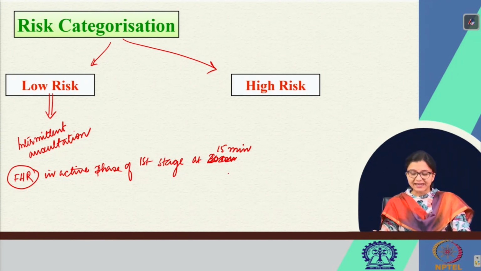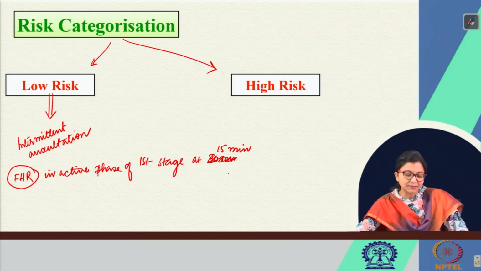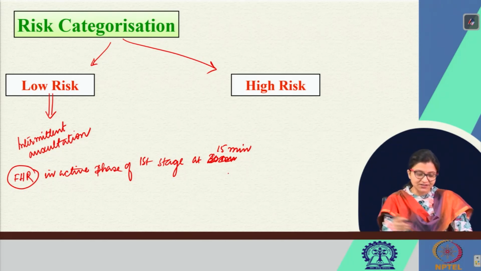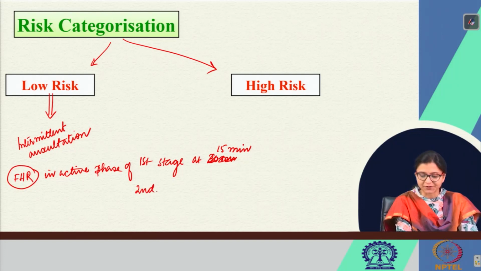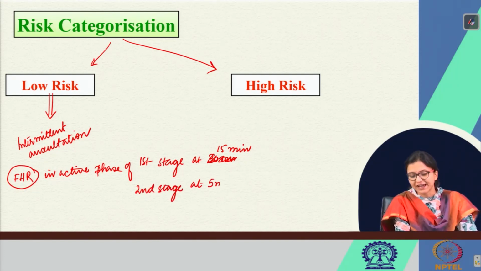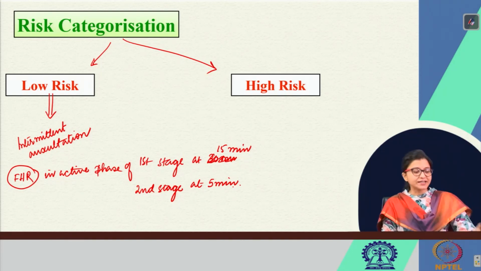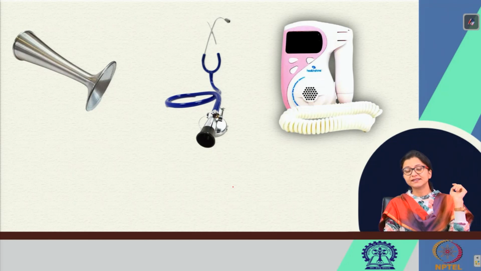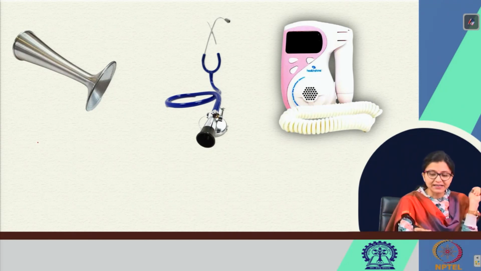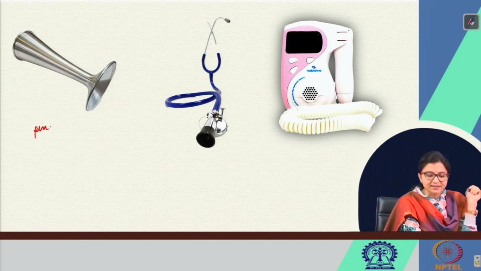And if the mother goes to the second stage of labor, then FHR is to be monitored every 5 minutes. So, this is in case of intermittent auscultation, right. And how is intermittent auscultation done? This is Pinard's fetoscope.